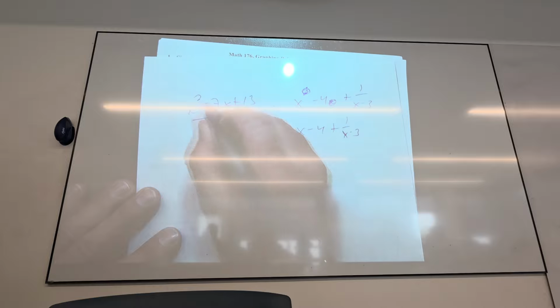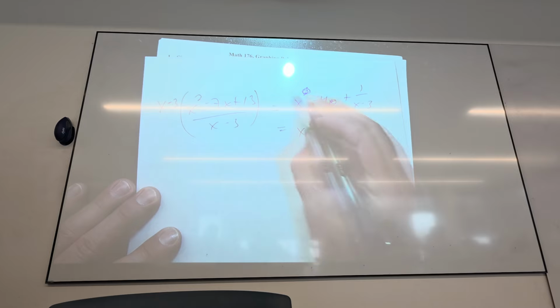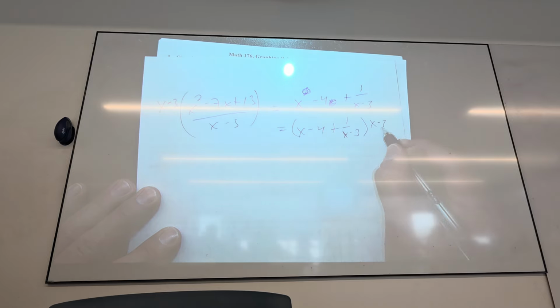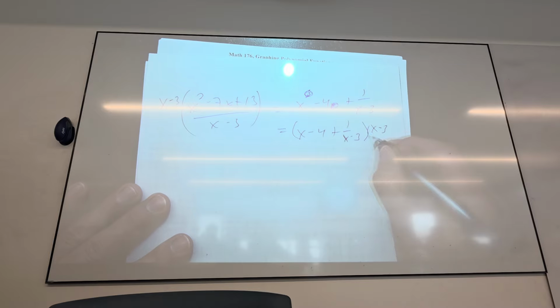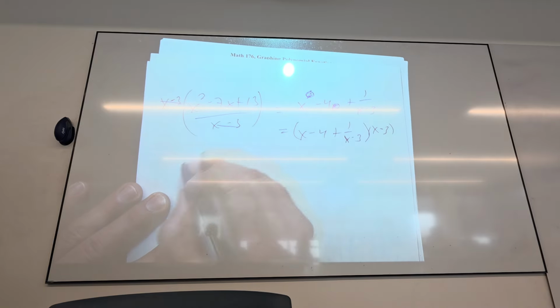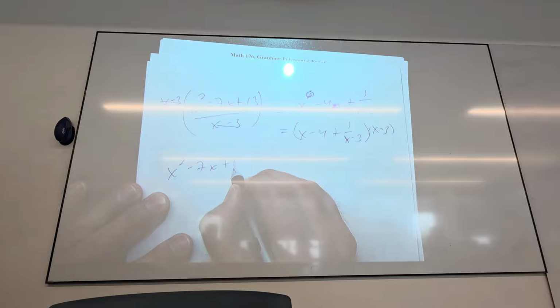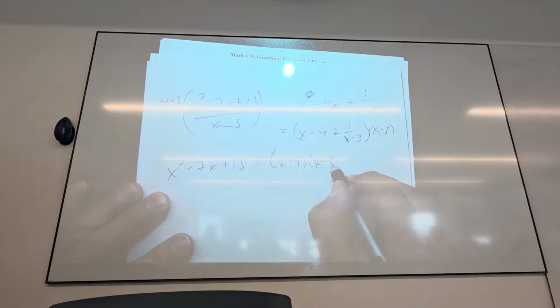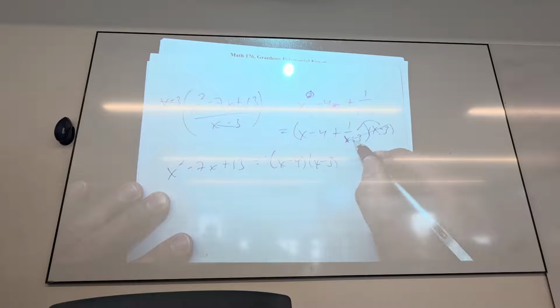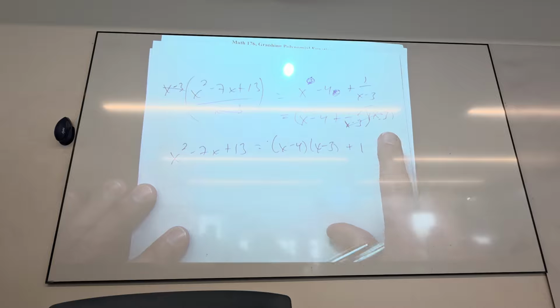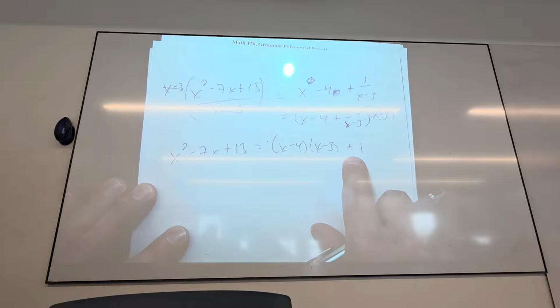If I multiply both sides by x minus 3, I get x squared minus 7x plus 13 equals x minus 4 times x minus 3 plus 1. Do you guys see that? x minus 3 times x minus 4. These cancel, plus 1.